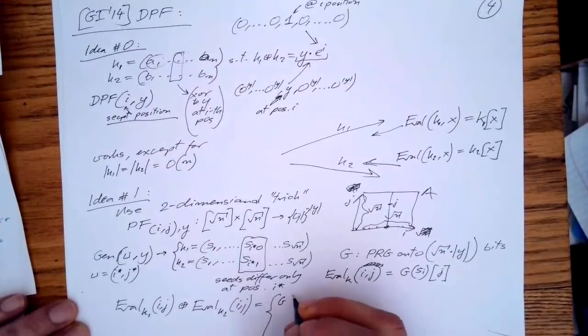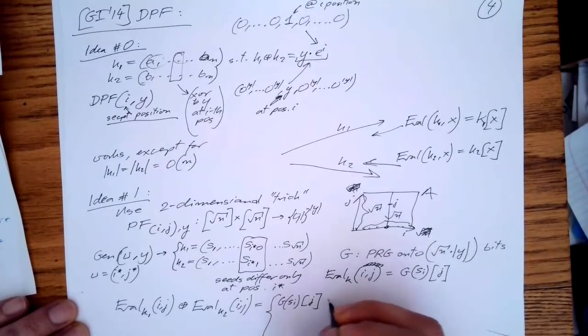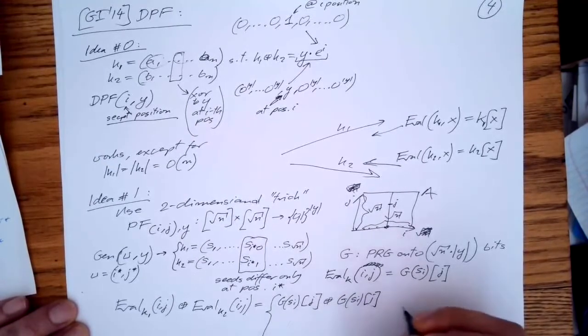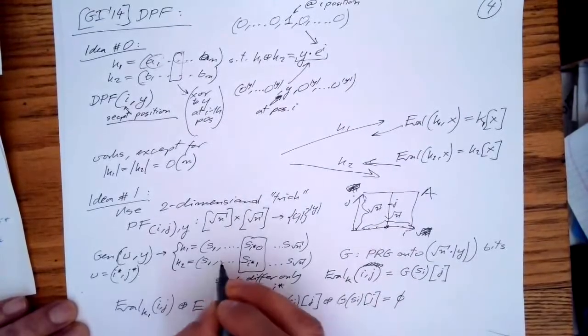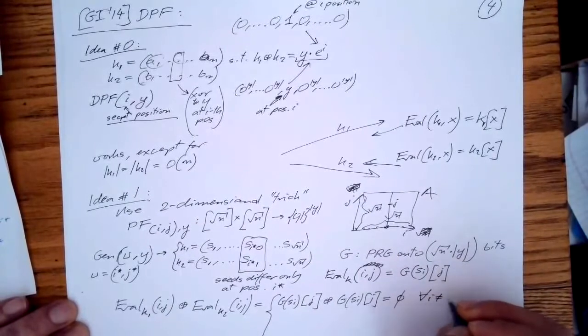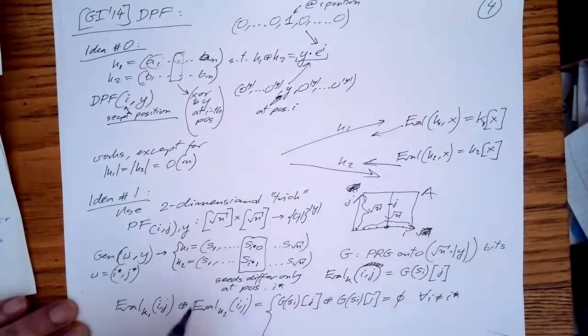It's G at Si at J XOR G at Si at J, which is of course equal to 0. And this happens for all I not equal to I star, because the two keys have the same seeds at all these locations. So both servers will generate these values in exactly the same way. Okay, so far so good.